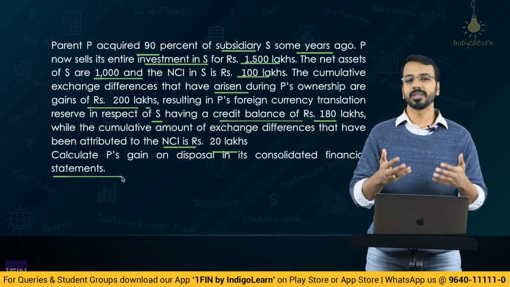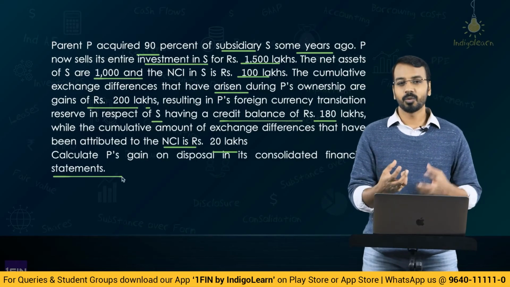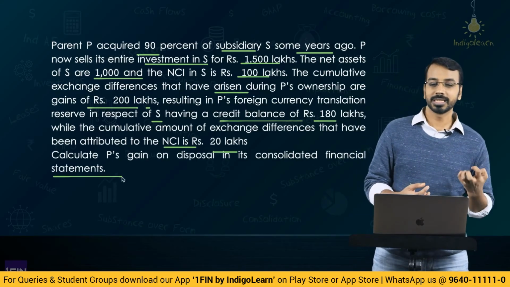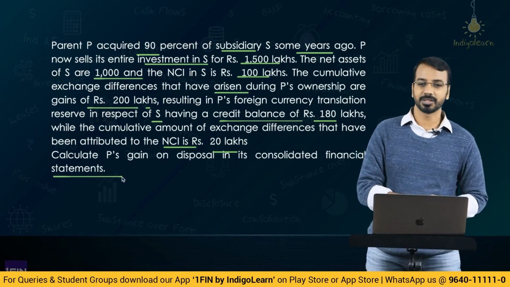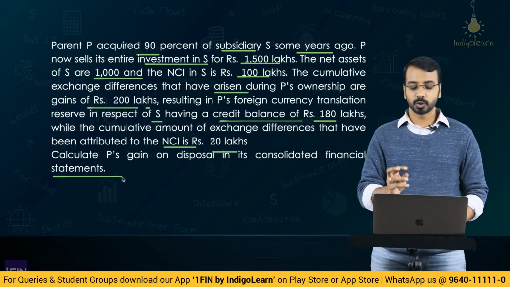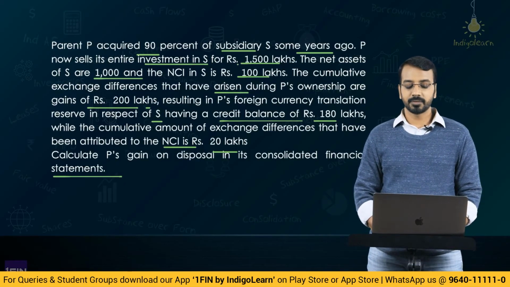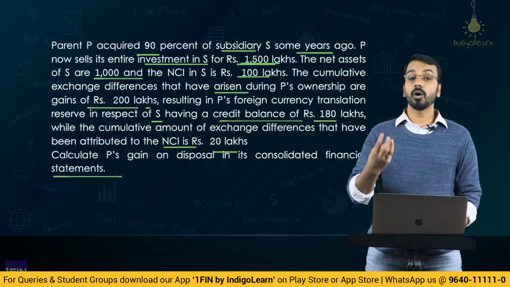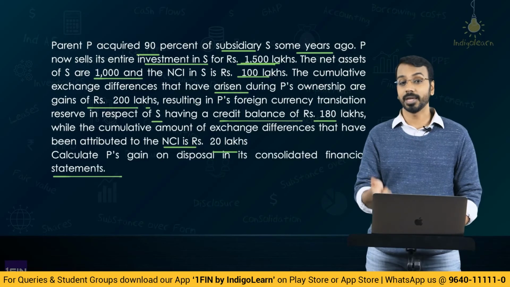Now, one quick method to calculate the gain is to see what we sold and the value of those things that we have sold. The difference will be the gain, and of course the reclassification from OCI to P&L. So, a faster way is: sale value is 1500, the share of P is 90% and the net assets are 1000, so it comes to 900.